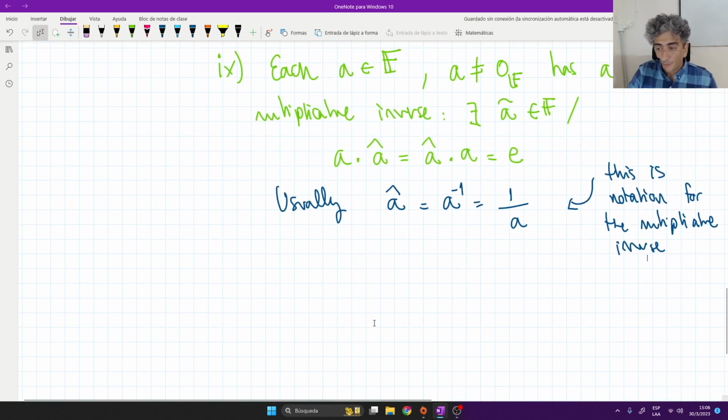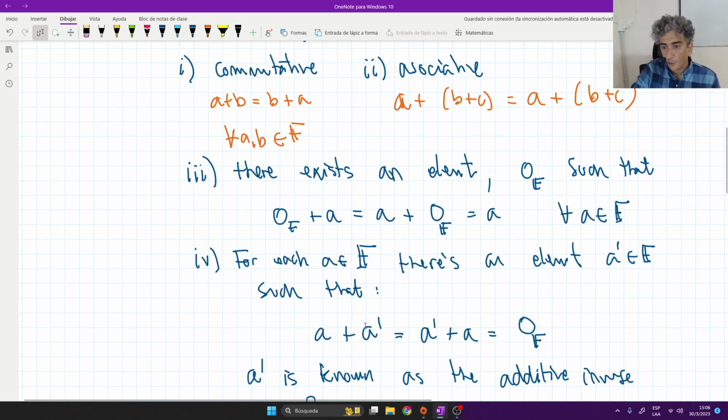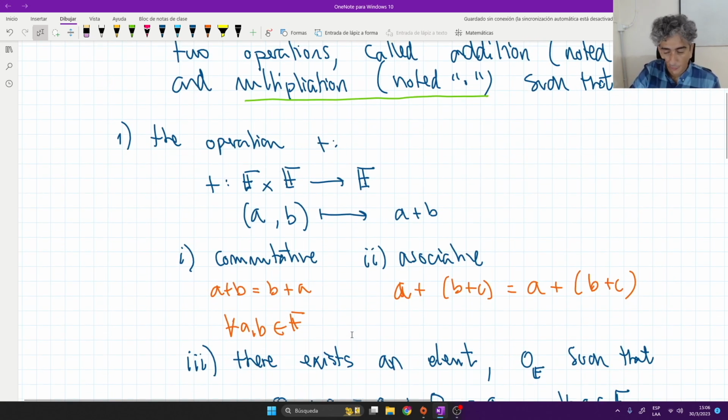So all these conditions or axioms are what define a field. So a field is a set bundled with 2 operations called addition and multiplication, subject to all these 9 conditions. Okay.